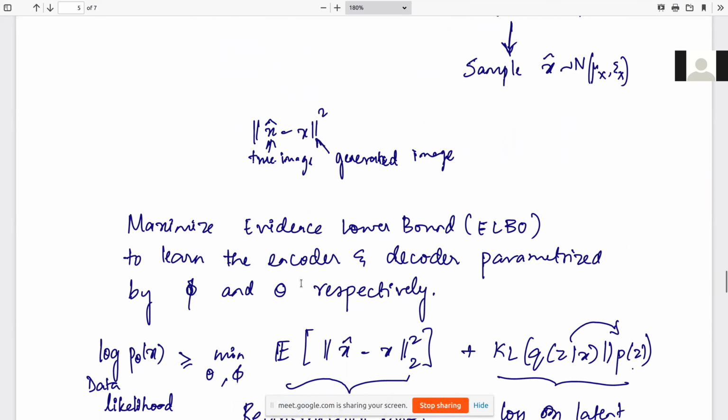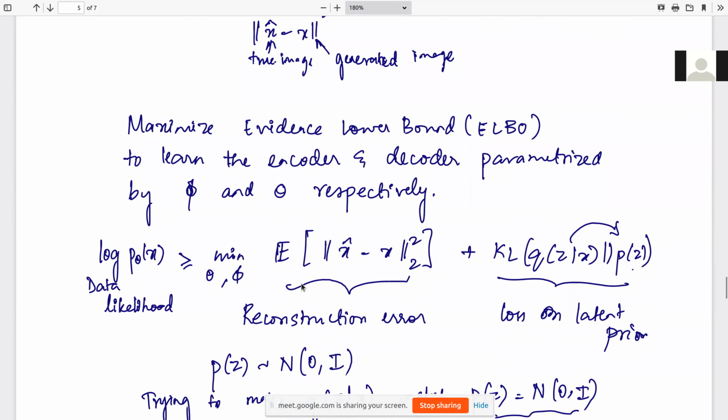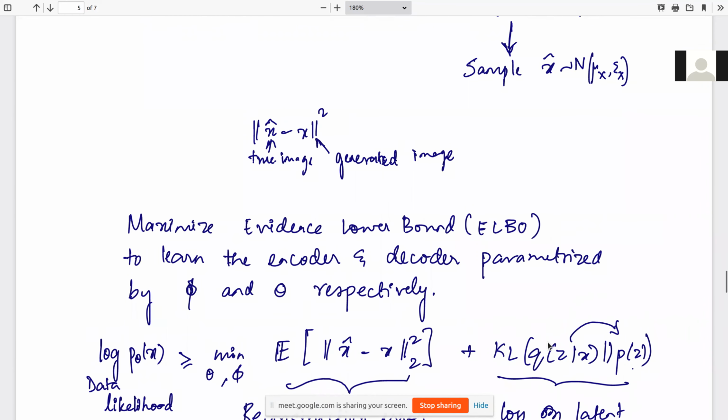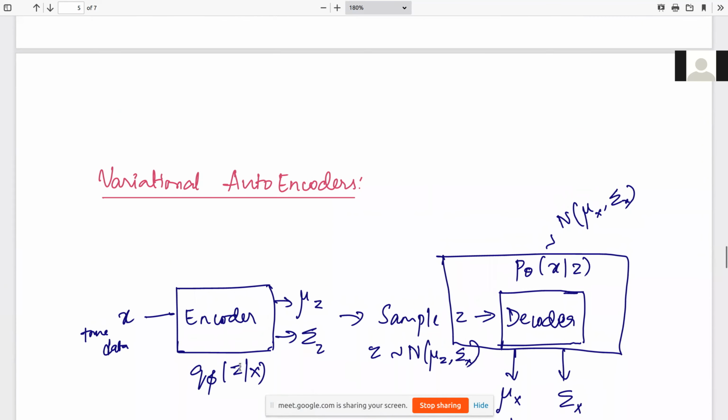Also, in the later versions of variational autoencoders, we also had a KL divergence loss between q of z given x and p of z. So what is q of z given x? Q of z given x is the posterior distribution of the latent variable z given the input x, and p of z is the initial prior over the latent variable z.